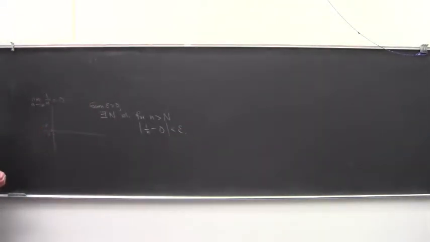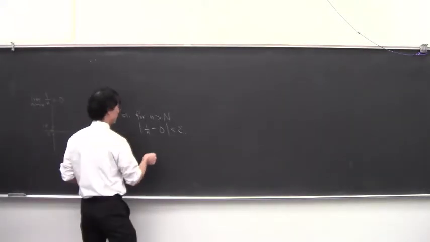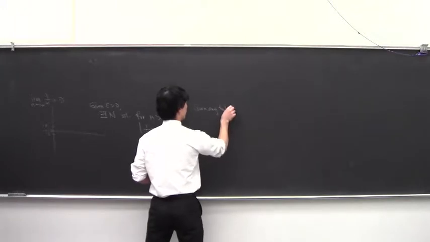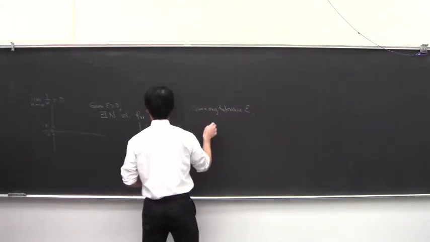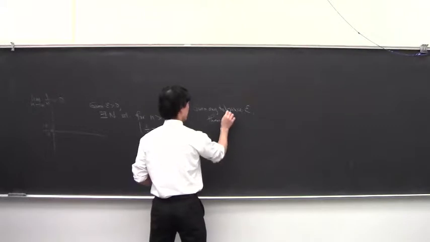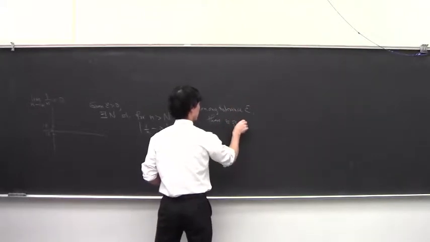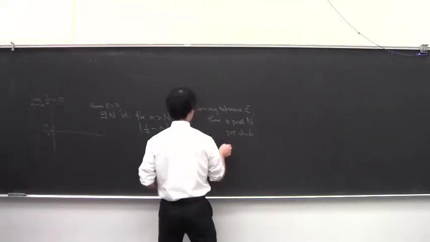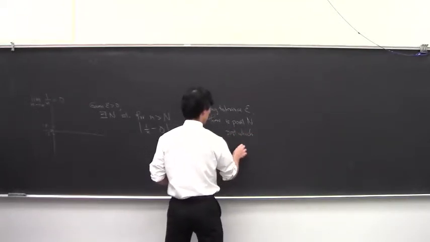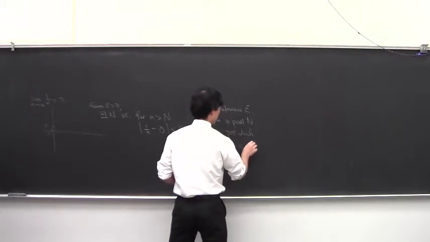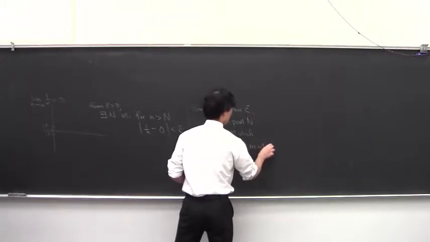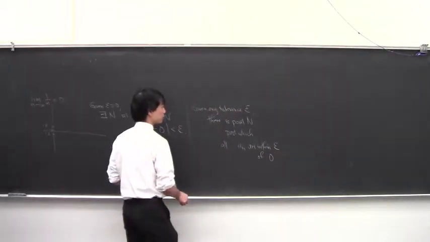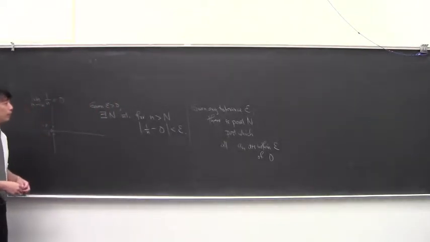Can you say that again? Yeah. So I'll write it in English. Given a tolerance epsilon, there is a point past which all a sub n are within epsilon of 0.